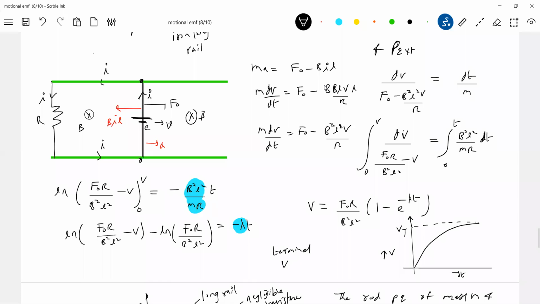After a long time, the speed of the rod will become constant, and how much equal to, I'll say, terminal velocity.